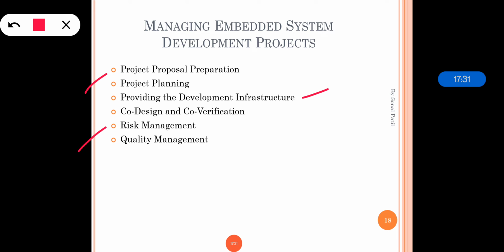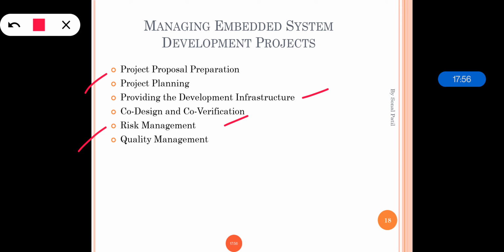Then co-design and co-verification. During the design stage, it is difficult to partition hardware and software functionality. Similarly, at the time of testing, the project manager has to work out the detailed process for separate testing of hardware and software. Risk management. Many embedded system development projects have a high element of risk, and the major risk item is people leaving in the middle.